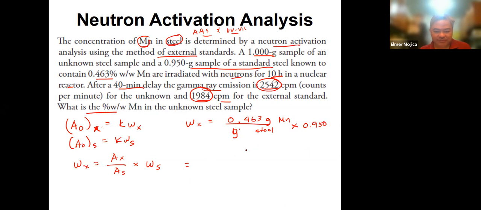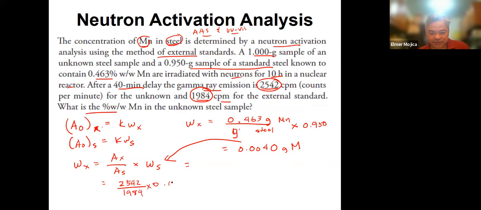And then from that, this is what we will use here. And then we replace this one with whatever reading. So we could say 2542. And the external standard is 1984.